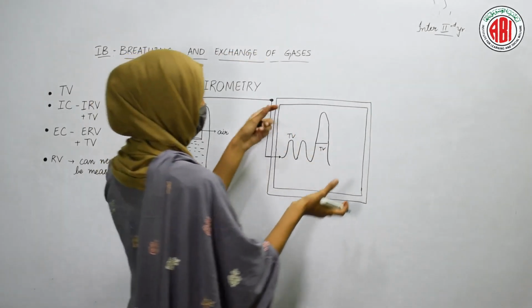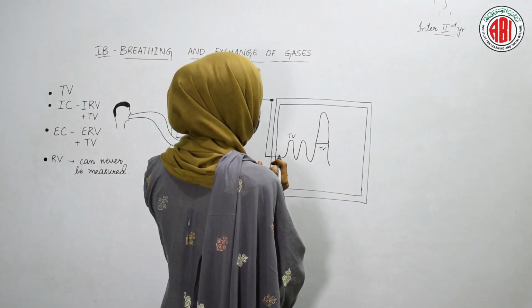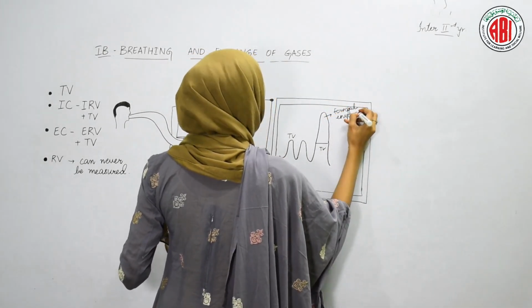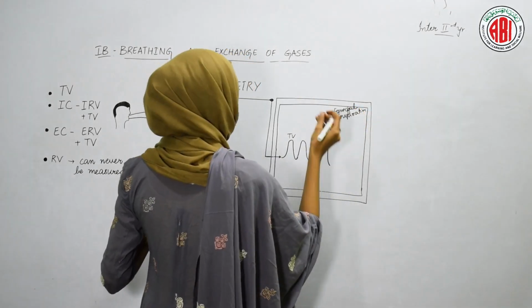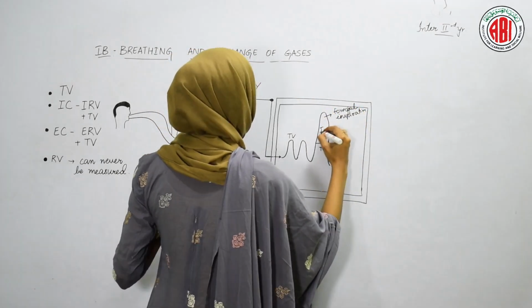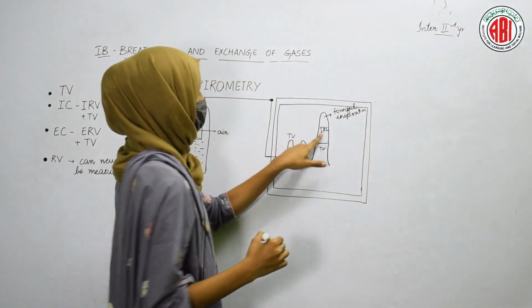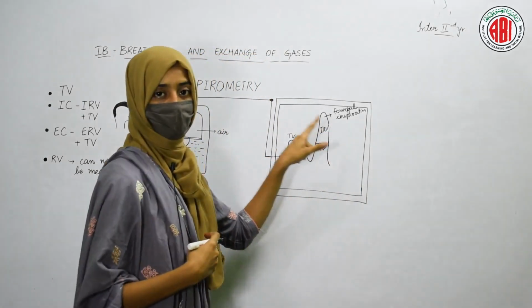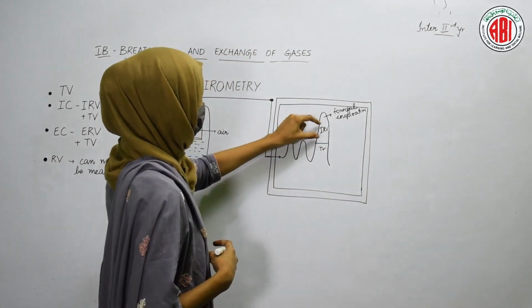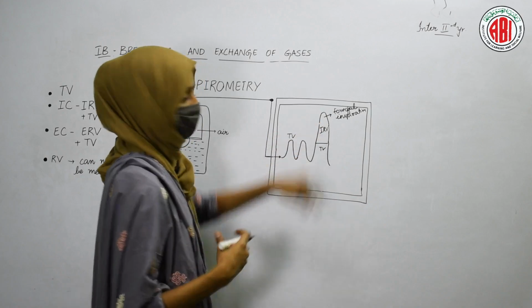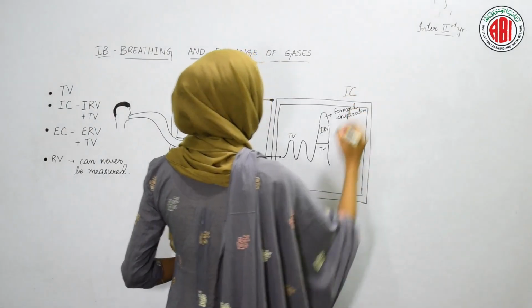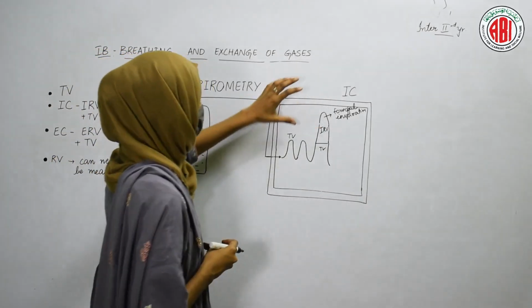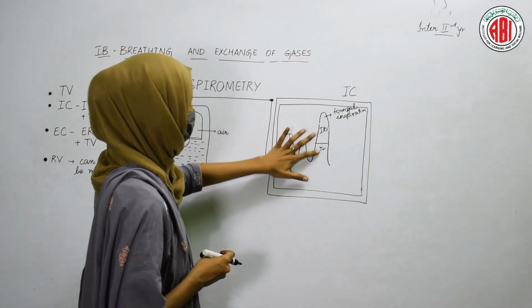Besides the tidal volume, if a person takes an additional amount of air during inspiration, this forceful inspiration is regarded as the inspiratory reserve volume, IRV. So tidal volume plus inspiratory reserve volume gives you the inspiratory capacity of a person. We can know the inspiratory capacity of a person by combining inspiratory reserve volume and the tidal volume.